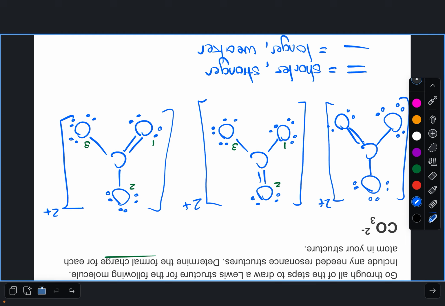It's a very stabilizing effect, like spreading out that negative charge so it's not all repelling against each other, letting it be attracted to multiple different nuclei. It creates a very stable structure. And that's what actually happens. In fact, if we look at the bond lengths and bond strengths of these, they kind of look like 1 1/3 bonds.